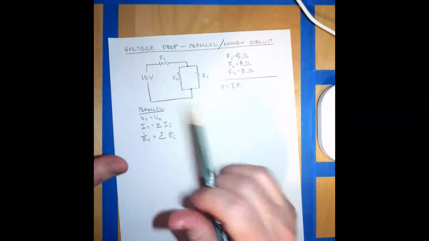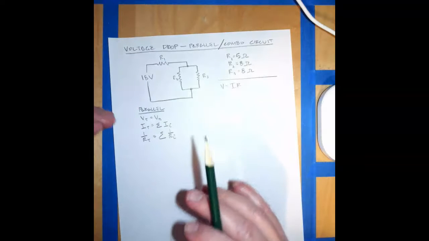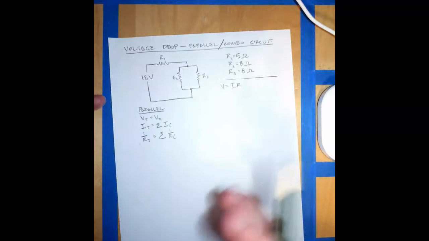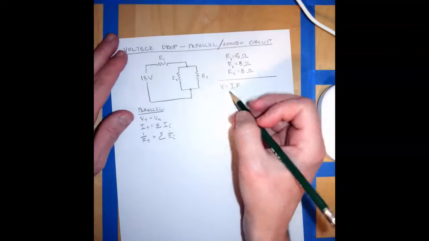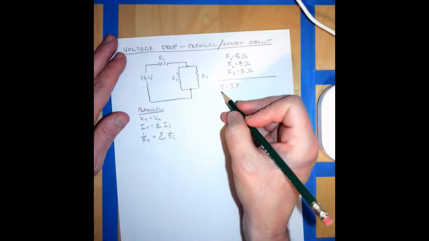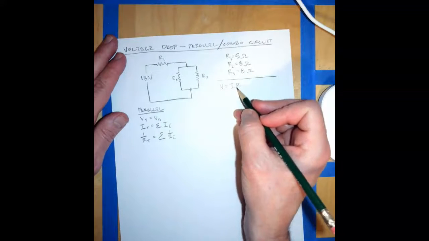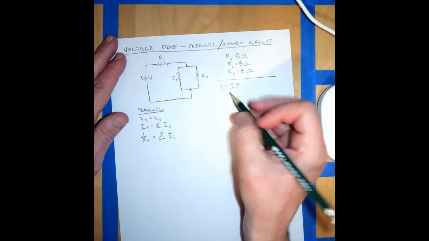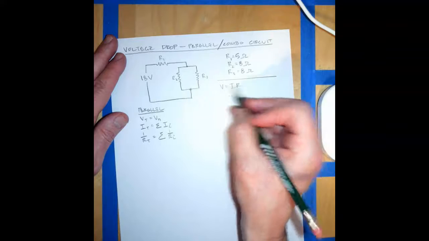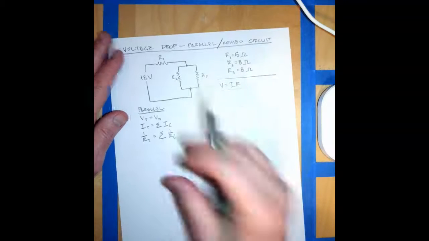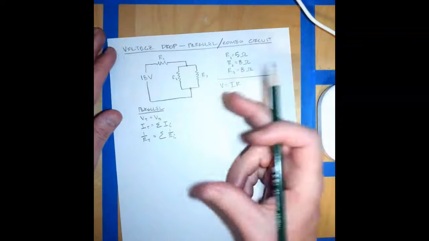All right, so before we get started, let's look at the fundamental equations that are going to help us to solve this problem. So we already looked at Kirchhoff's law, voltage equals the current times the resistance, V equals IR. But in a parallel circuit, these equations take on a different form when we're talking about multiple components here.